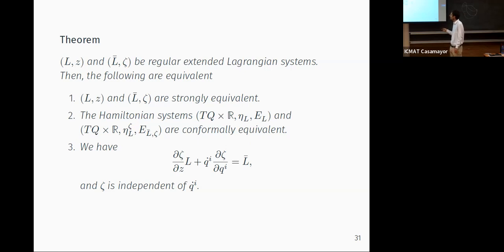You see that in the classical case, two Lagrangians are equivalent if they differ by what's called a total derivative, which is a term with this sense. In the case that this function is just a function of t plus a function of q, you recover the classical result, but this generalizes it.